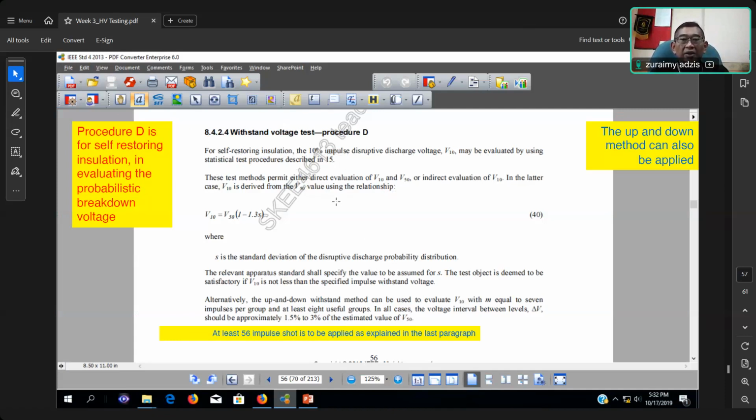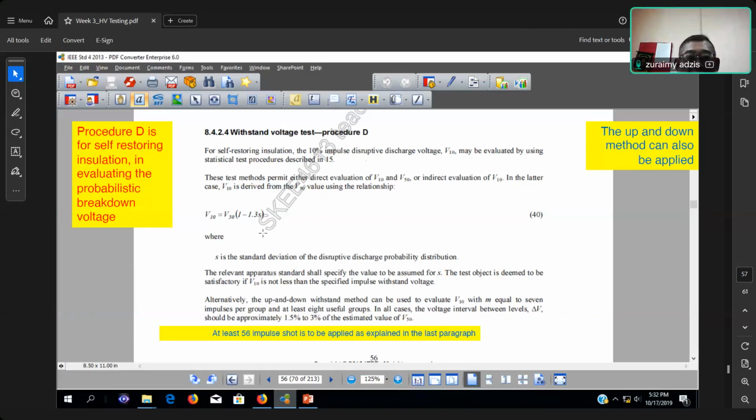You take a set of data, and if you do 8.4.1, you get your V50. Here, you want to evaluate your V10, so they have an equation. You can evaluate your V10 using this formula.